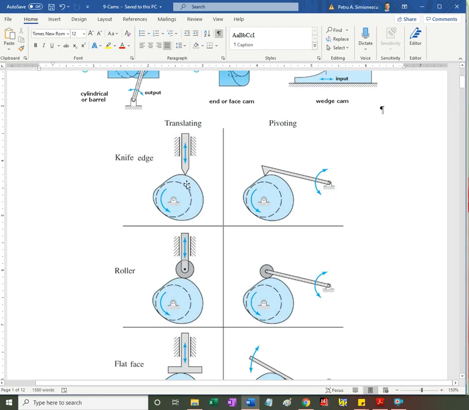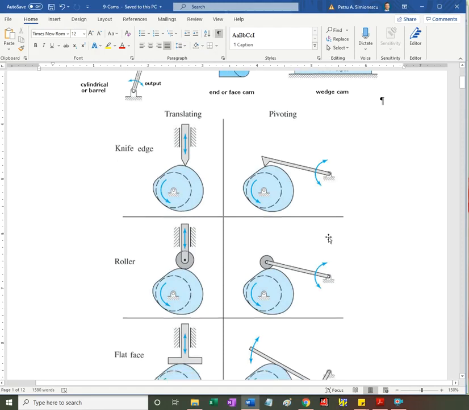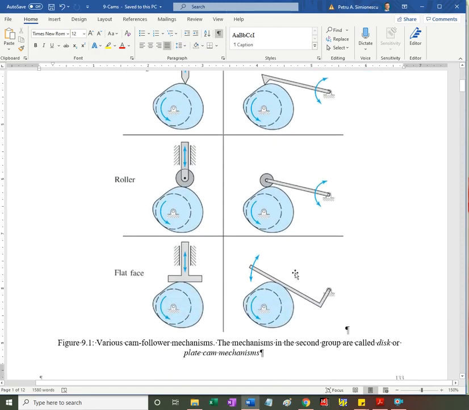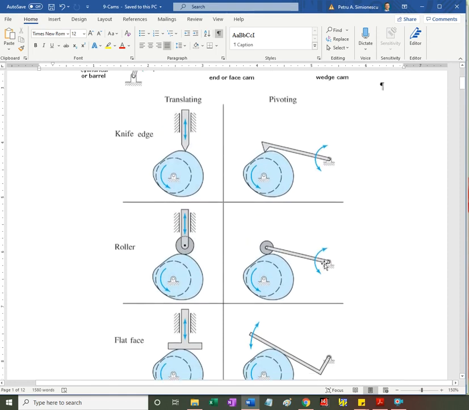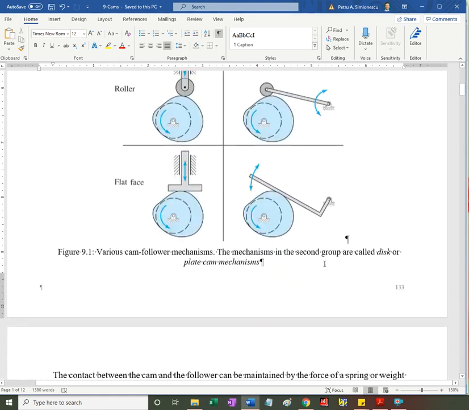However, it has a theoretical value, because you'll see there is a relationship between the roller follower and the knife edge follower, and by just offsetting the cam either inwards or outwards by the radius of the roller, we can go between these two and satisfy the same function for the follower motion. Okay.